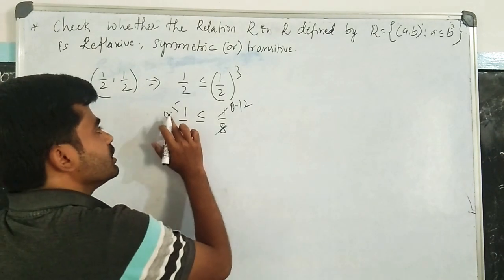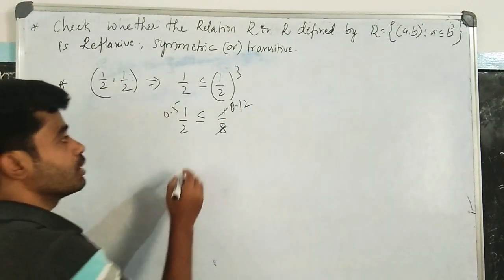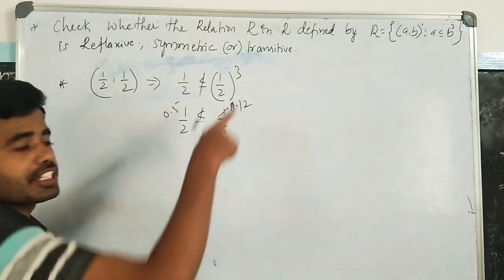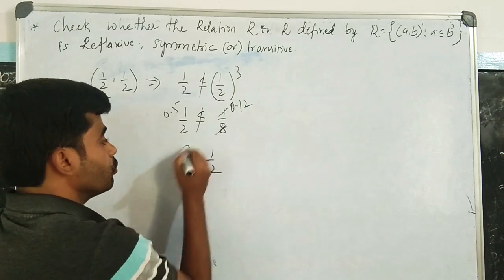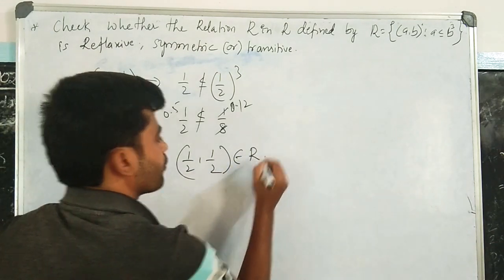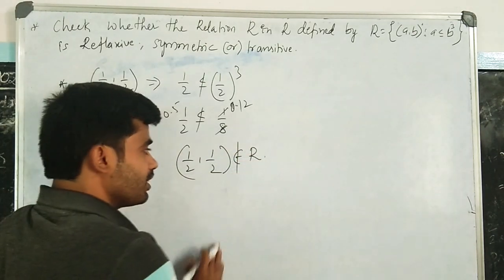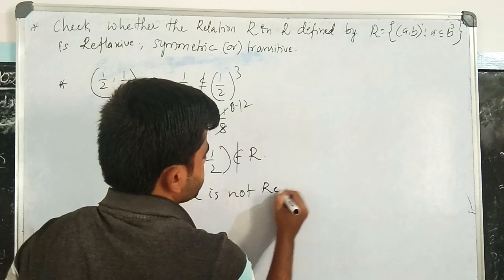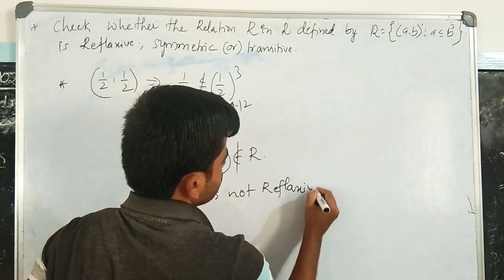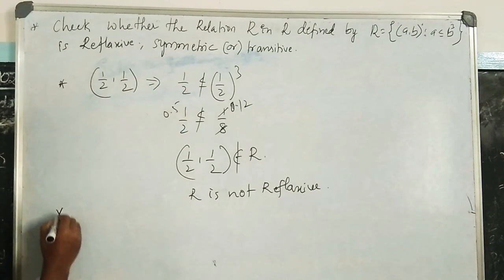It means that 0.5 is greater than 0.125, so the condition is not satisfied. Hence we can say (1/2, 1/2) is not in R. It is not in R, which means R is not reflexive.